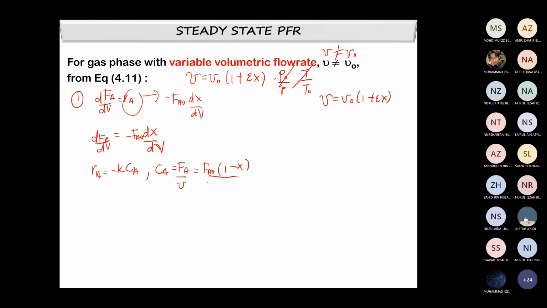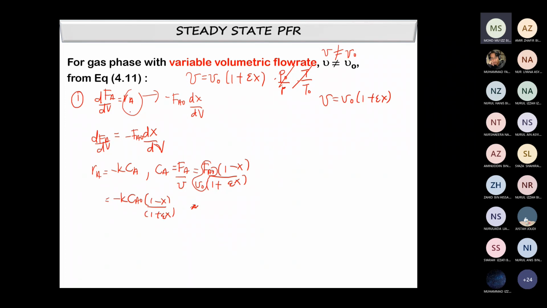Ni ada V0, sorry. Daripada sinilah kita boleh dapat this one, masukkan balik kat sini. So negative K times CA0 (1 minus X) over (1 plus epsilon X). So this is for RA.